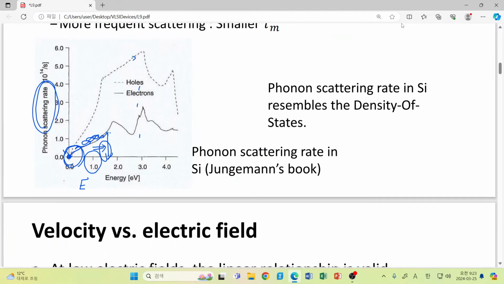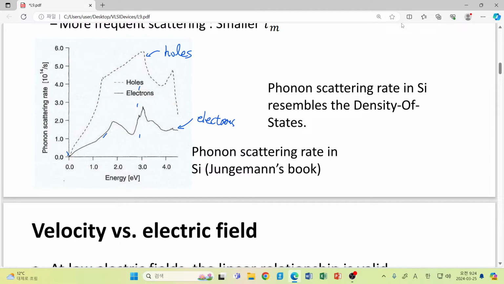So when you have a look at these graphs, you must understand this graph. The graph just shows how frequently our holes are scattered and how frequently our electrons are scattered. That is drawn. And please note the shape of individual graphs.